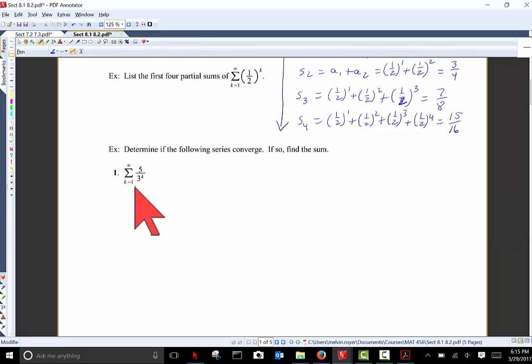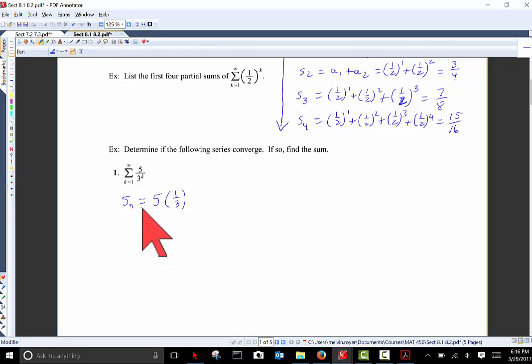So here is the form for the first example, and let's look at what Sn, an arbitrary term in this sequence of partial sums, would look like. The very first term is, notice that all of the terms will have a factor of 5, so I'll write those out in front. And then 1/3 to the k.